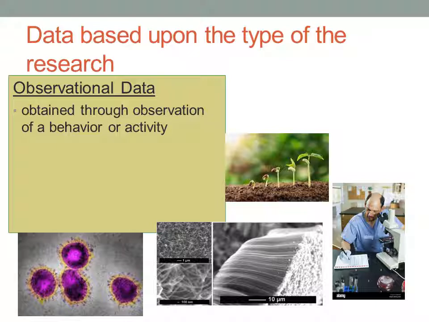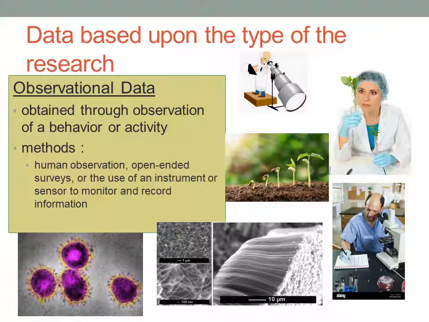In observational research, you observe data through observations of behaviors or activities. Usually the methods involved are human observations, open-ended surveys, and also you can make use of instruments or sensors to monitor and record the information.